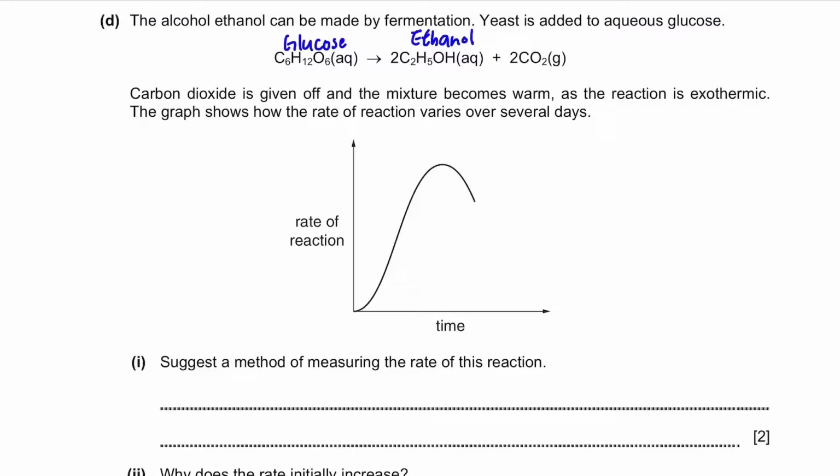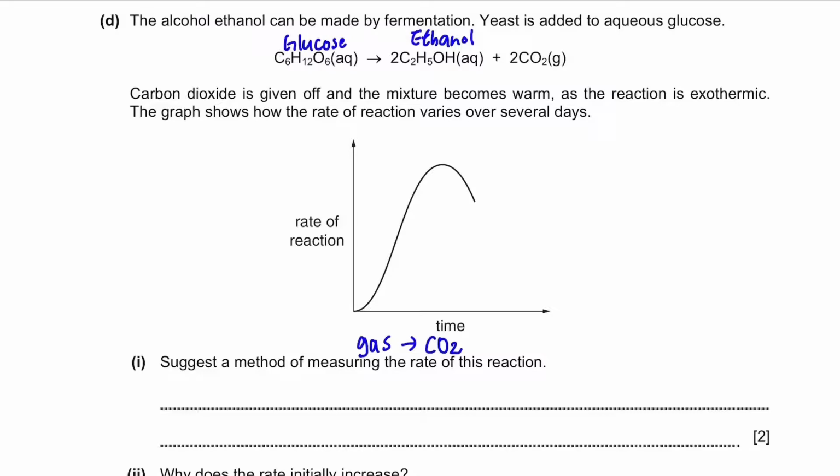Suggest a method of measuring the rate of this reaction. They're asking us to measure how fast this reaction is occurring, and obviously, we'll need to measure something that can be measured. In chemical reactions like this, we tend to measure the volume of the gas produced because CO2 is the only gas present, and it is easy to measure it being formed from the aqueous substances.